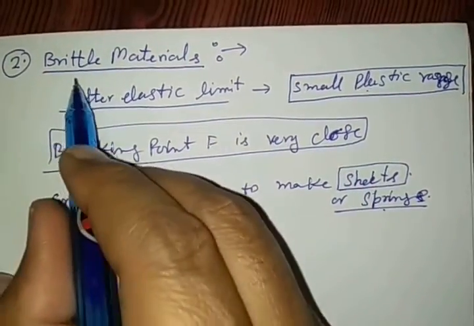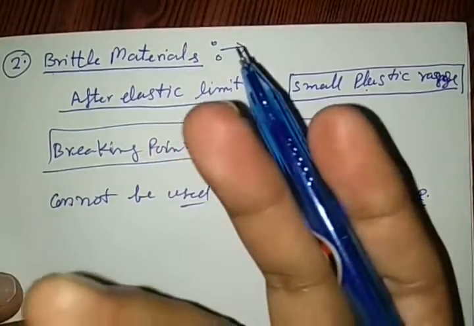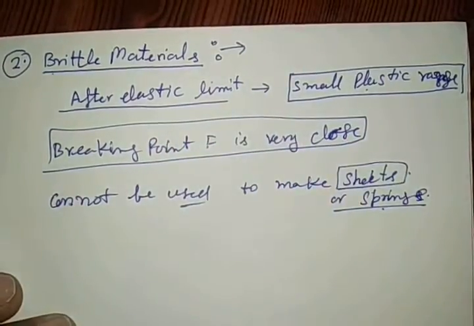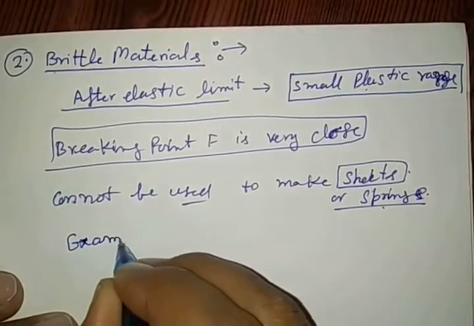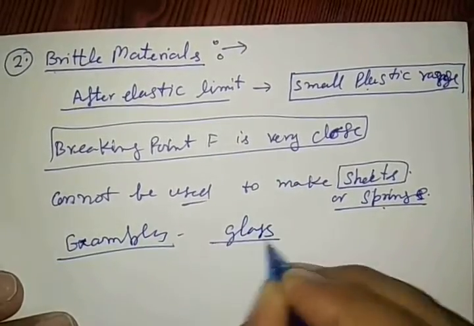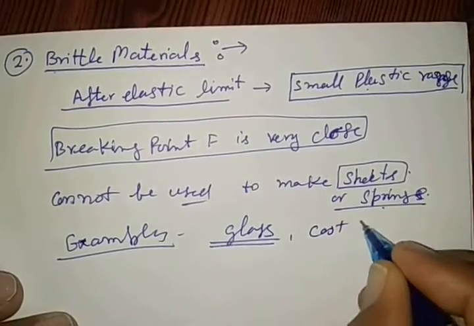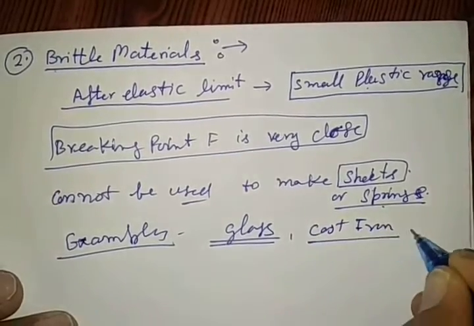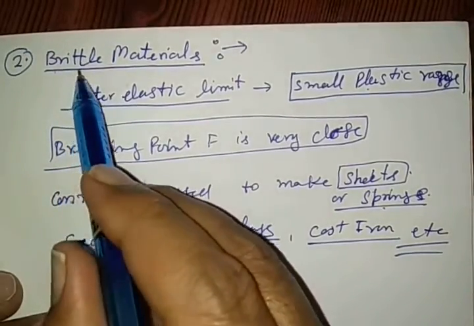Such material is called brittle material. They break by applying a little force. Examples come under the category: glass. We cannot make a sheet of glass. Cast iron. These are materials which show brittle behavior.